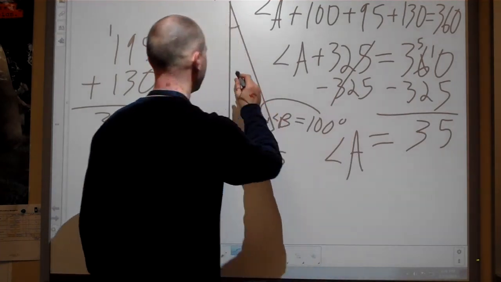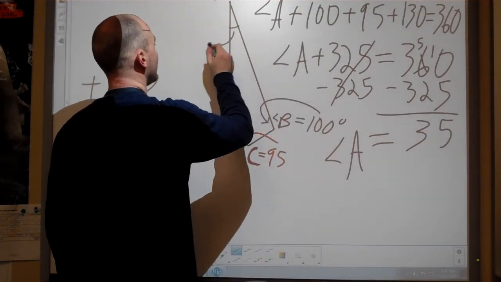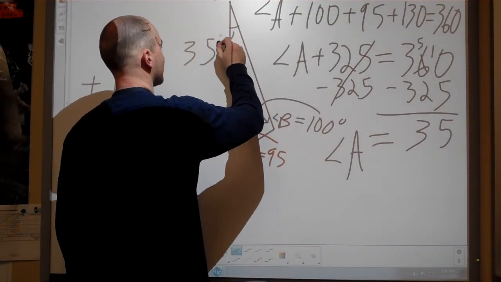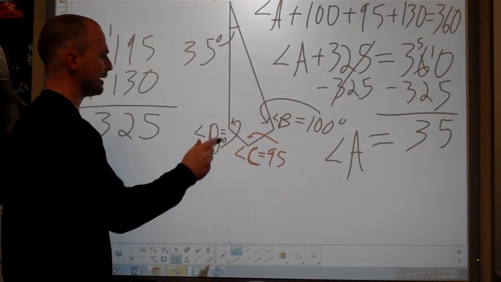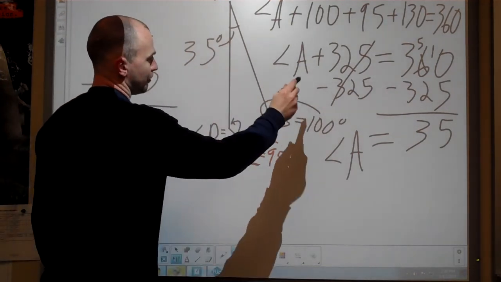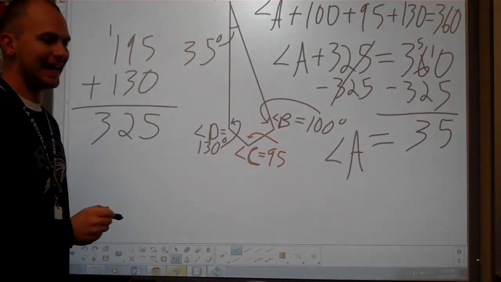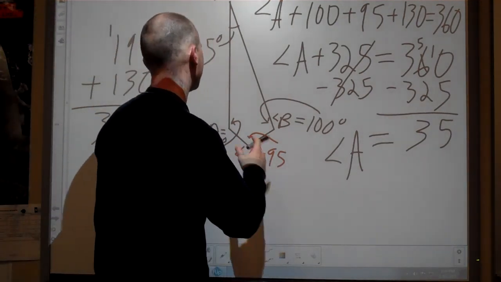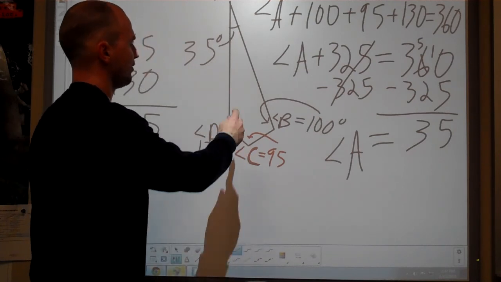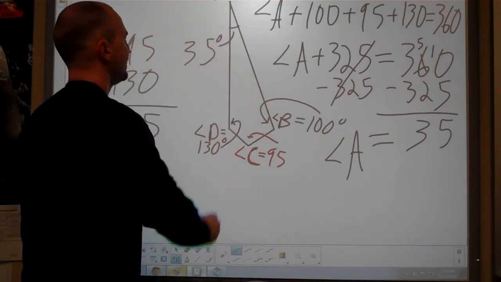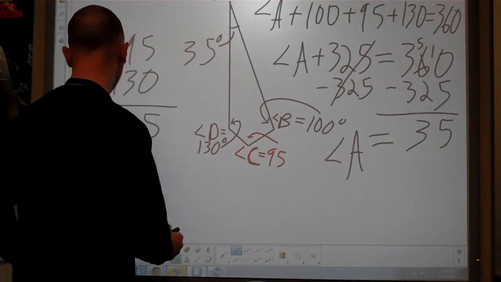So angle A here would equal 35 degrees. And I can check that by making sure 35 plus 100 plus 95 plus 130 adds up to 360. Because all quadrilaterals, if you add up their interior angles, it equals 360 degrees.